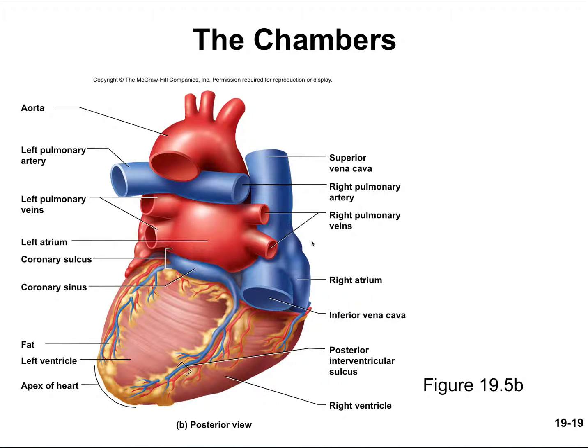Right pulmonary veins and left pulmonary veins. Notice the coronary sulcus and the coronary sinus. And the posterior intraventricular sulcus. And notice that the right ventricle is much smaller than the left ventricle.